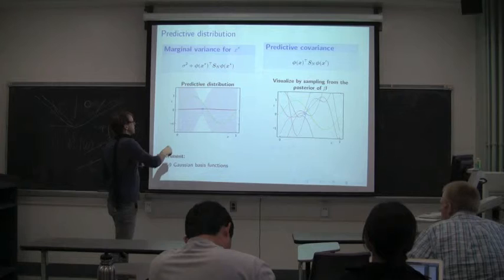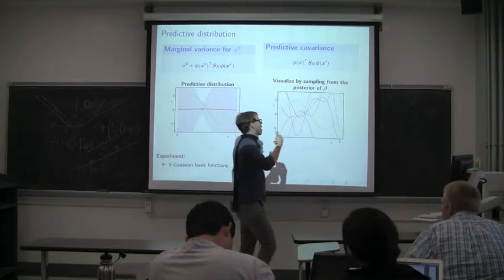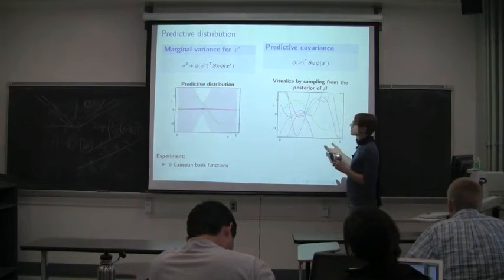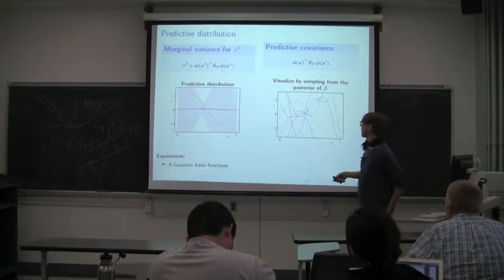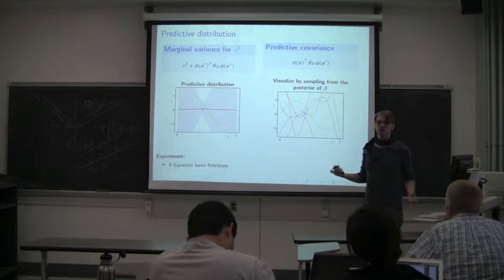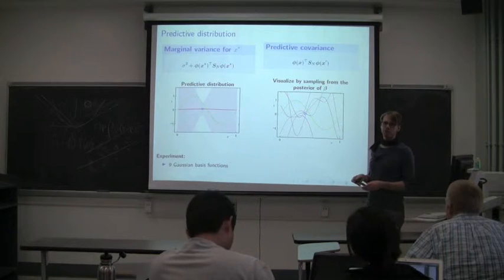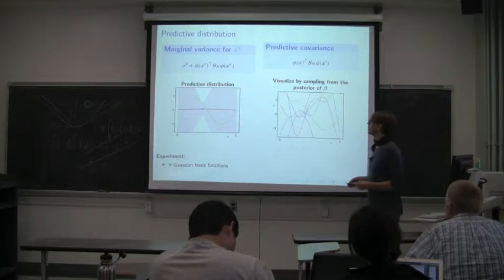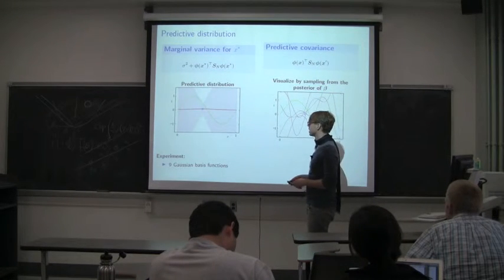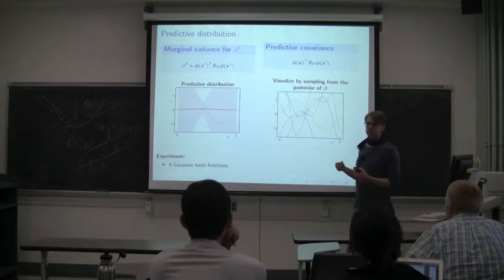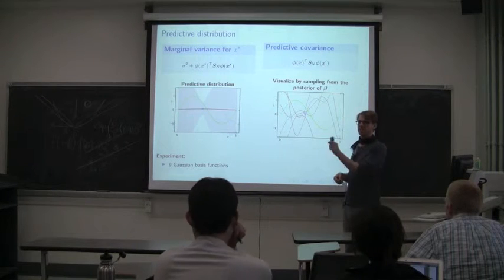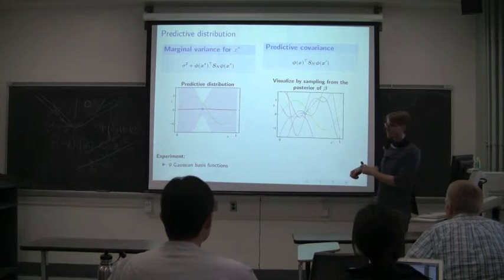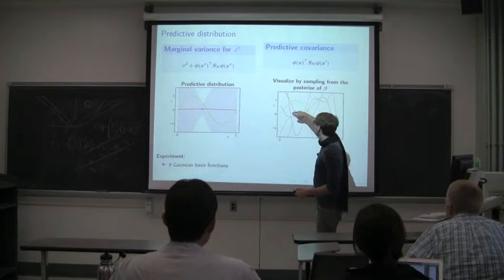We see that the variances are pretty large, and how can we evaluate the covariance? How can we plot it? There's no easy way. The easiest way is just to sample many functions from our posterior. We have a posterior distribution of the betas, and it's a Gaussian distribution, so for every basis function we can get a beta and plot these functions.